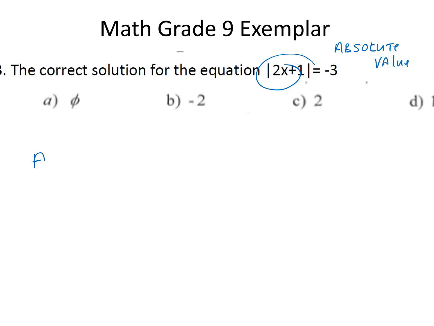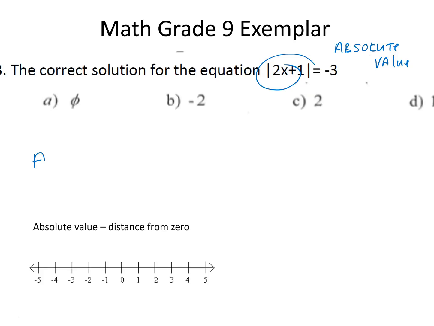Absolute value is my distance from 0. So we say here the absolute value of 3 is 3 because 3 is 1, 2, 3 from 0. The absolute value of -3 is also 3 because the distance from 0 is 3. So absolute value is always positive.